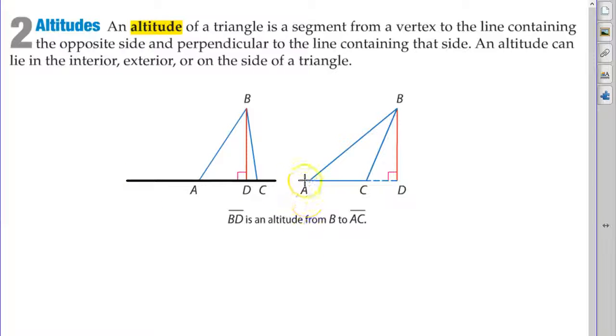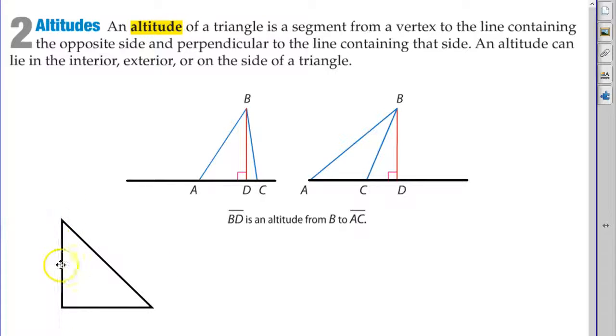In this case, here's the side, and I just keep going forever and ever. Now BD is perpendicular to the line that contains that side. So that's how we get around it. And it could be in the interior or exterior, or if we have a right triangle, the altitude is actually a side of it.